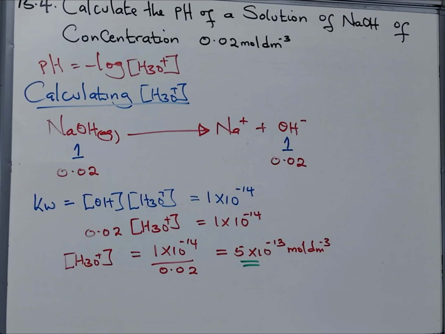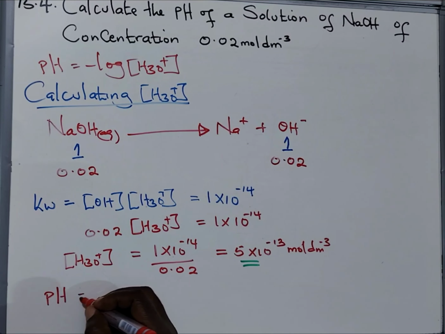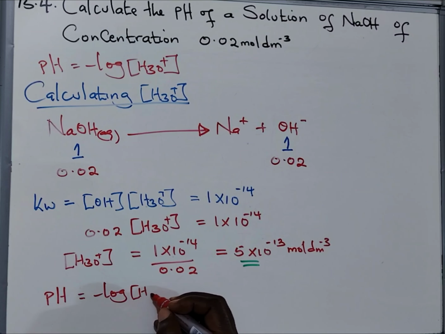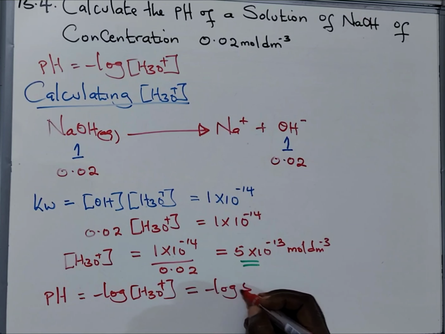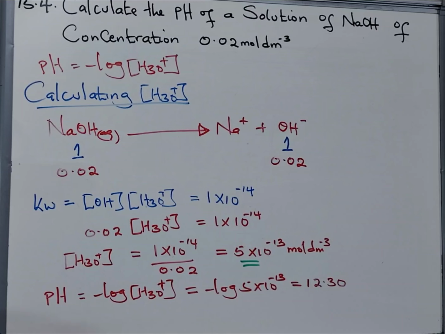From here, pH equals negative log hydronium ion concentration. So we say negative log 5 times 10 power minus 13, giving us 12.30. This happens to be the pH of this sodium hydroxide.